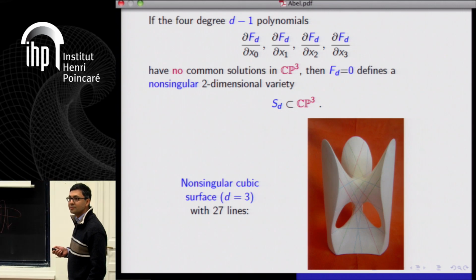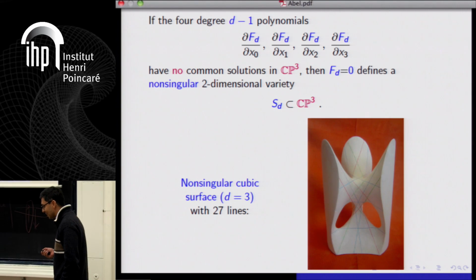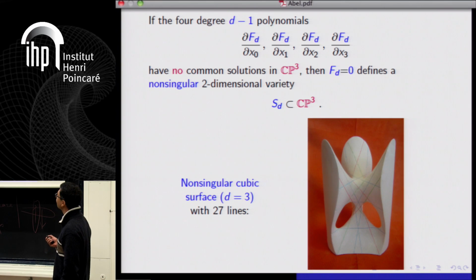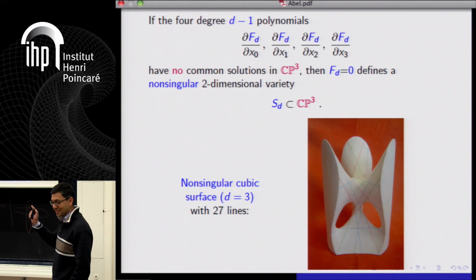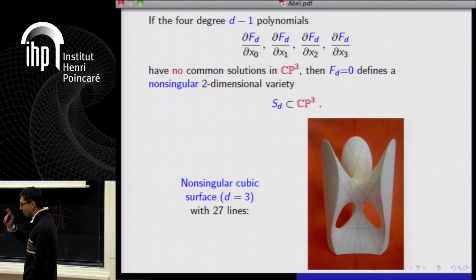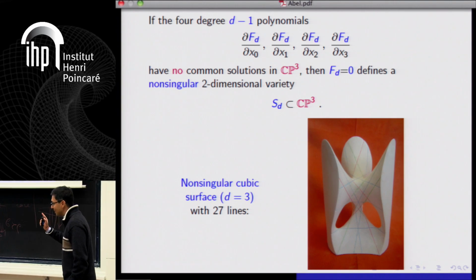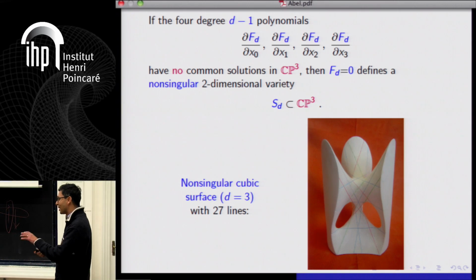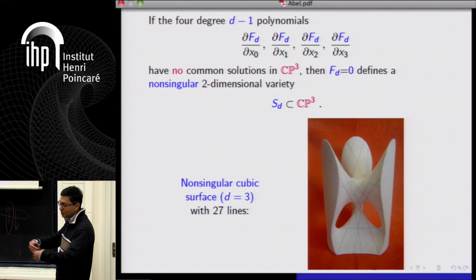Why is 27 important? One thing that's important is that it has finitely many lines. So we started with the quadric with infinitely many; this says finitely many. The number 27 of lines is related to lots of classical geometry of 6 points in a plane, and it fits in a sequence of numbers.